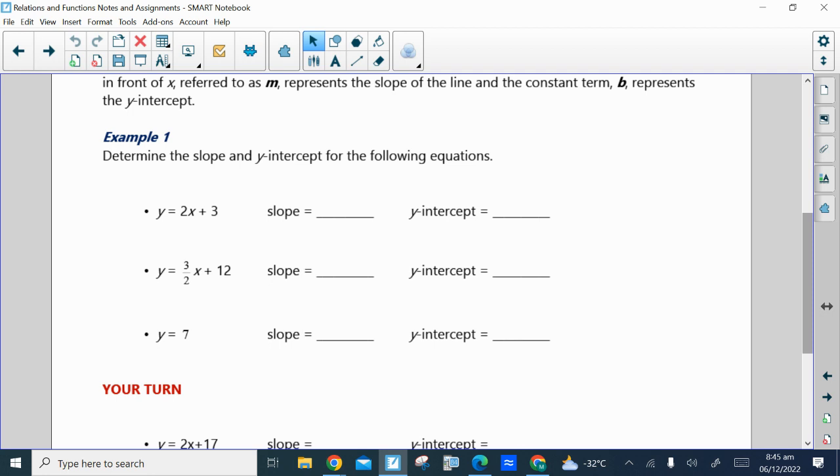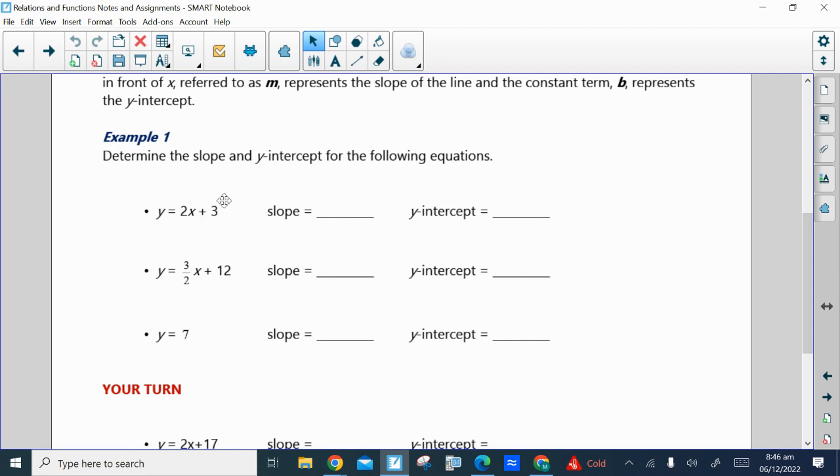You've got y by itself on one side. On the other side, in most cases, you have two terms. Not always. That last example, y equals 7, only has one term. So we'll talk about what that means. But the first two have two terms, a term that has the x and a term that doesn't. The term that doesn't is the constant, and that tells you the y-intercept.